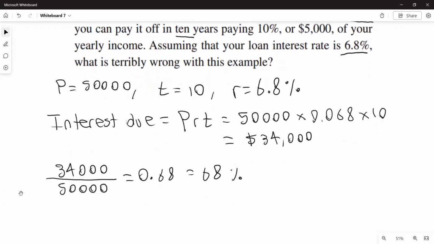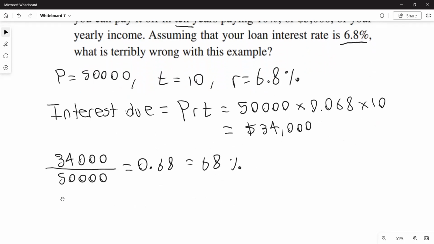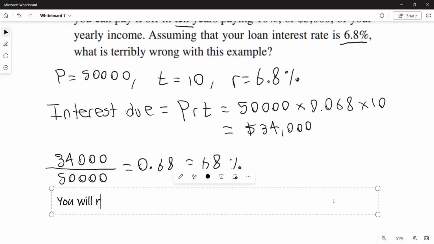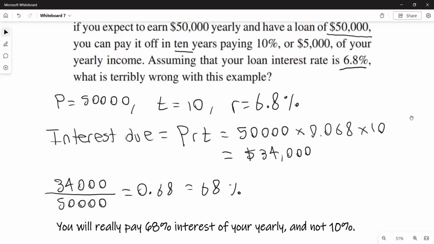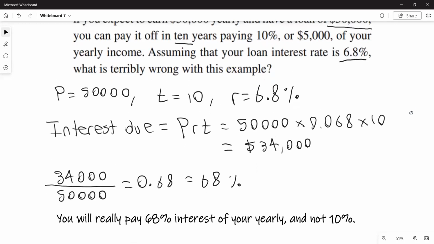So you would actually pay 68% interest of your yearly income and not the 10% that they advertised. So yeah, a lot of the advice and a lot of the information can be very misleading.